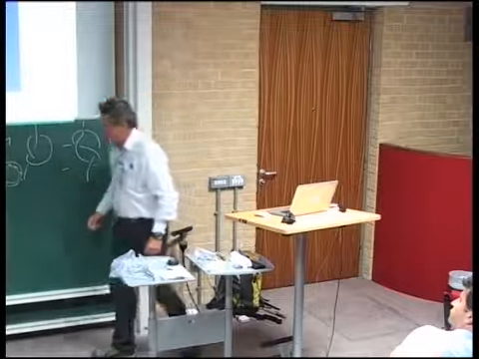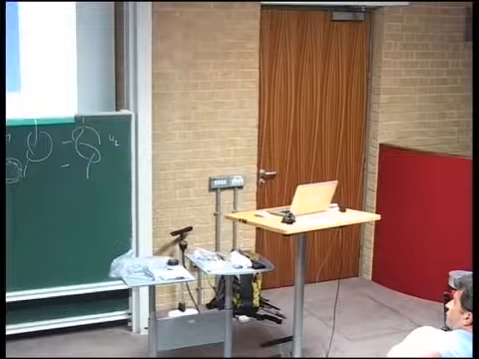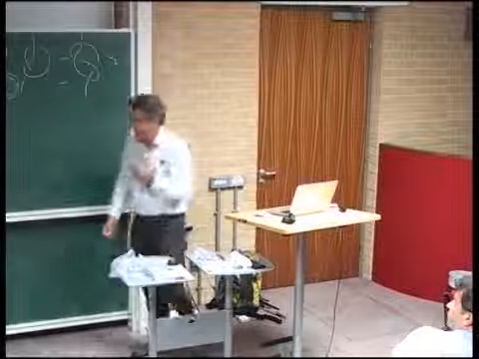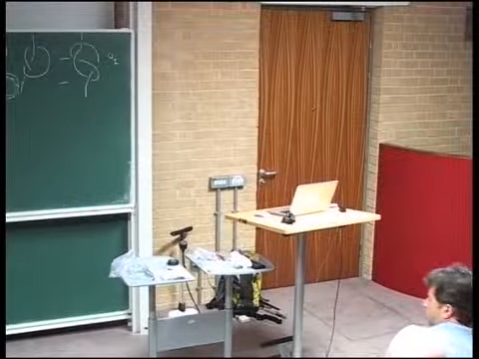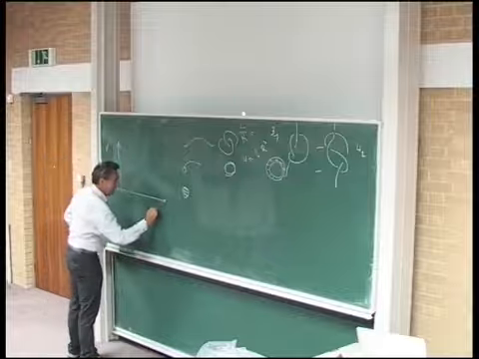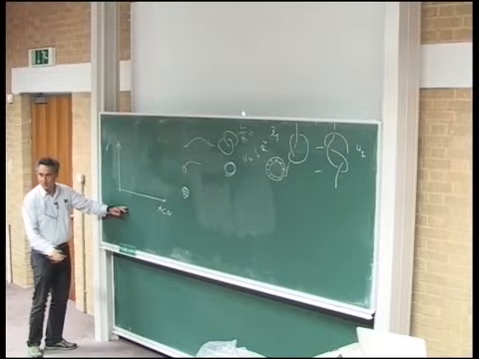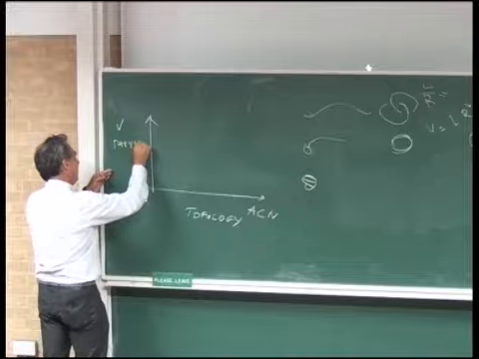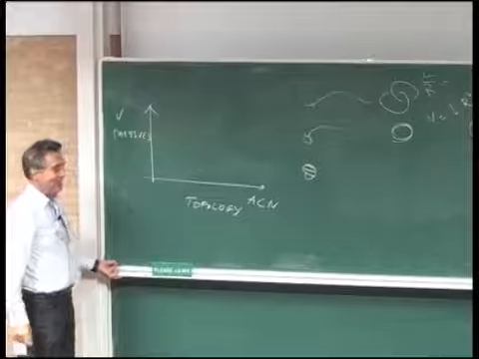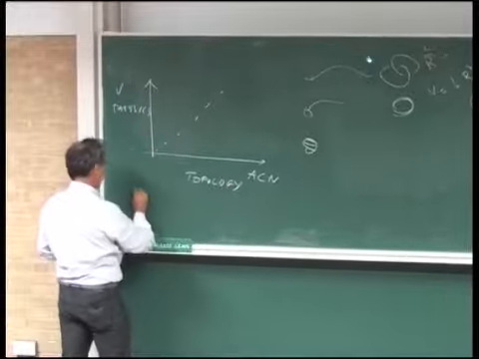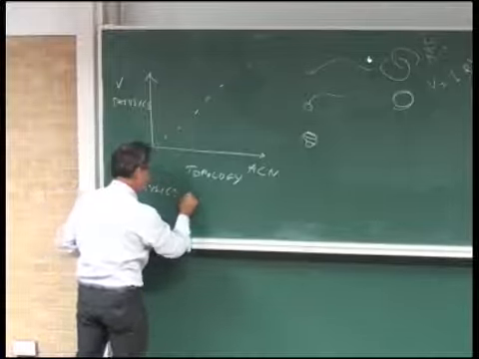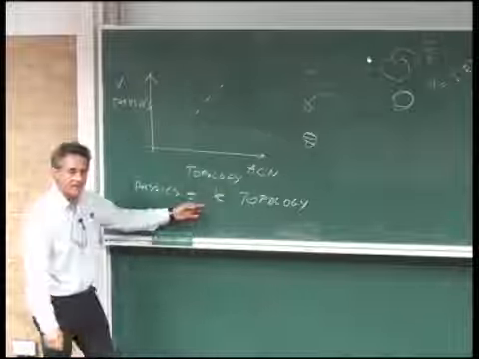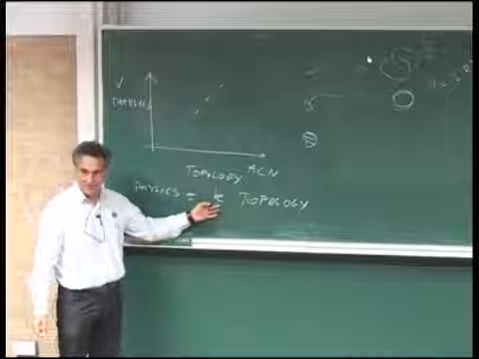What I'm always saying is, in these terms, we have speed here, and here we have the crossing number. So this would be topology, and this would be physics. The linear relationship tells me that physics is equal to topology times a constant. And the constant has units of physics over topology.